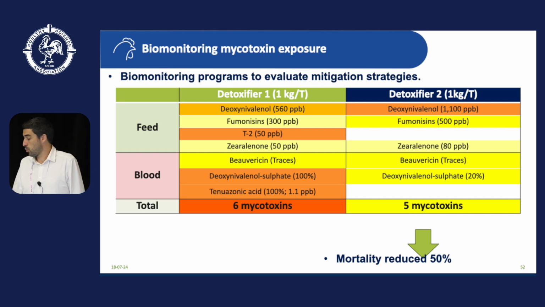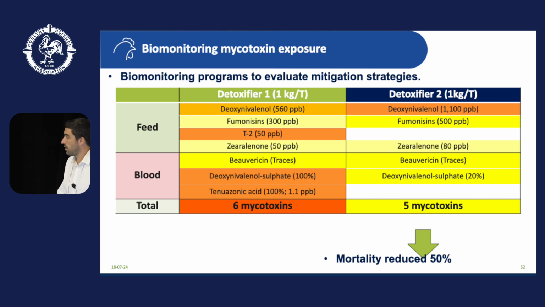So what these results show is that animals under this technology had fewer mycotoxins in blood, were more protected against mycotoxins, and moreover, a reduction of mortality of 50% was detected. So all this technology can also be used to evaluate under real conditions the efficacy of the mitigation strategies.